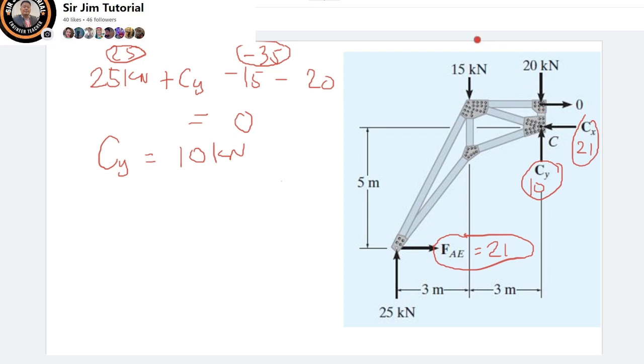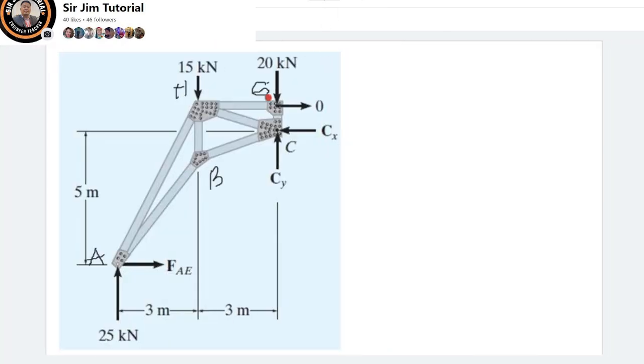So after joint C, we need to consider joint G. If I draw it here, this is 20 kilonewton, and we know that this is already 0. I don't need to write it, it's given in the problem.